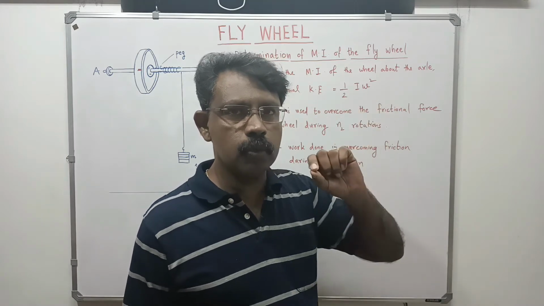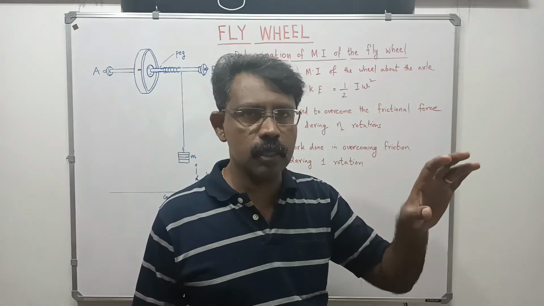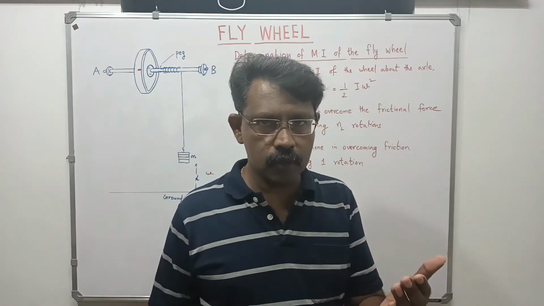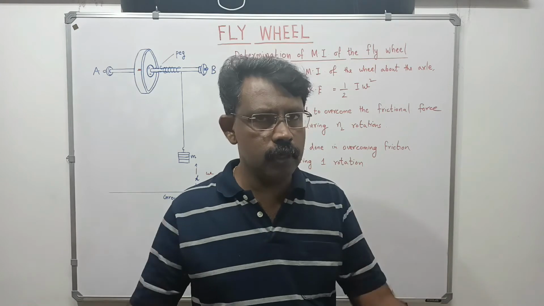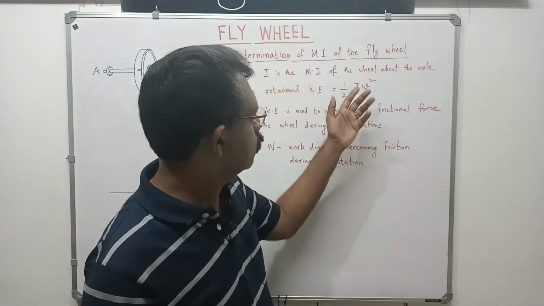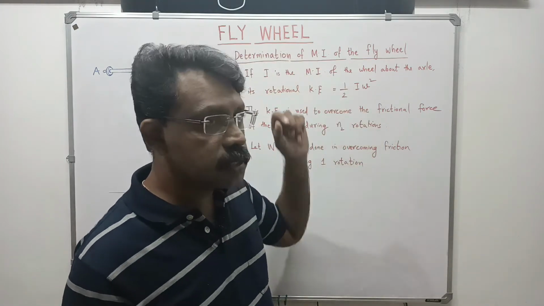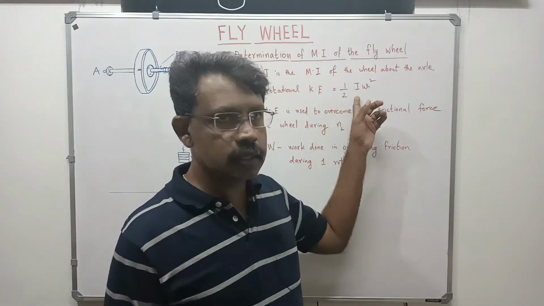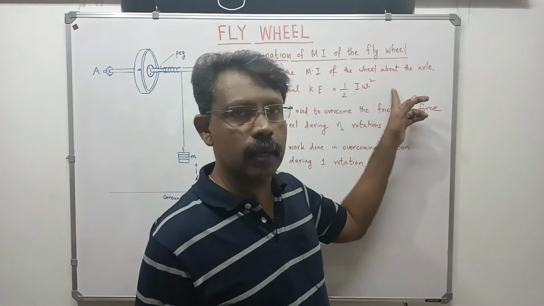So similar to half mv squared, in rotational dynamics the rotational kinetic energy is half I omega squared, which is analogous to half mv squared. So if I is the moment of inertia of the flywheel about the axle, I can take this rotational kinetic energy as half I omega squared.